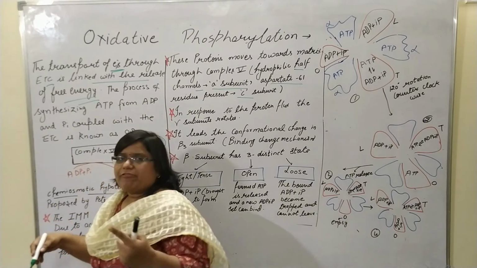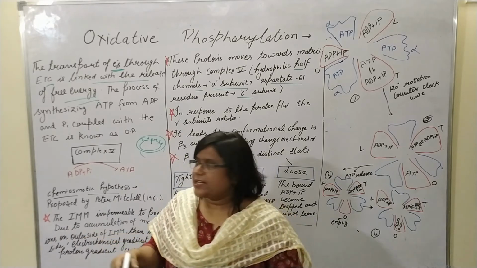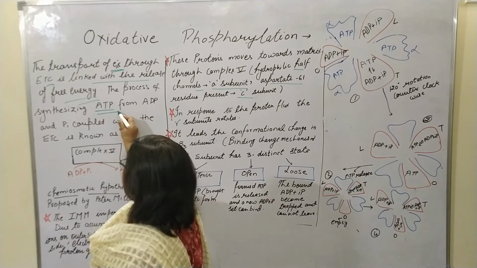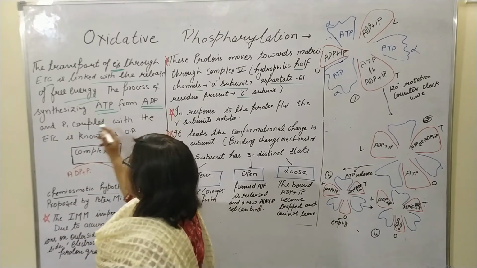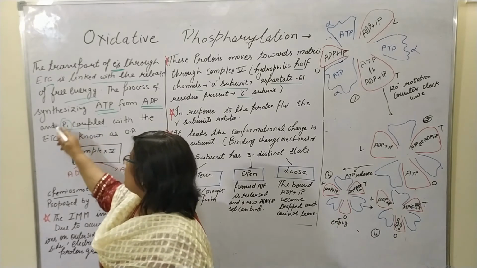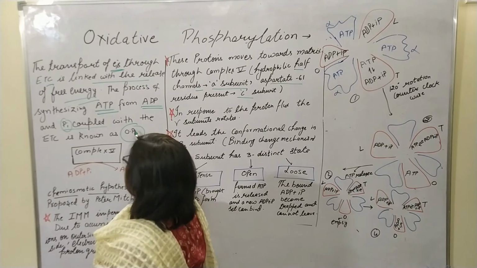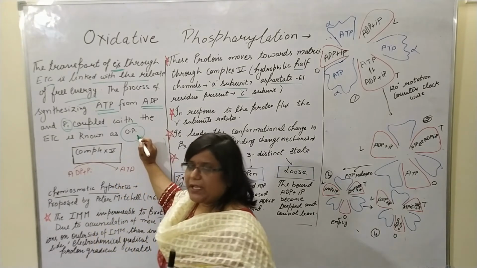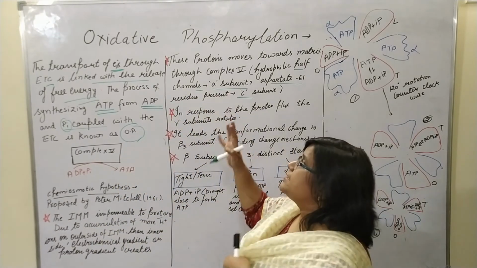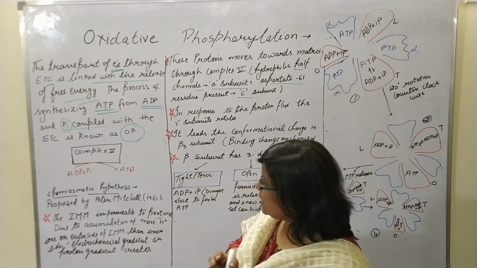By the shuffling of electrons, the free energy is generated in the form of ATP by coupling ADP and inorganic phosphate, and this process is known as oxidative phosphorylation, the OP.